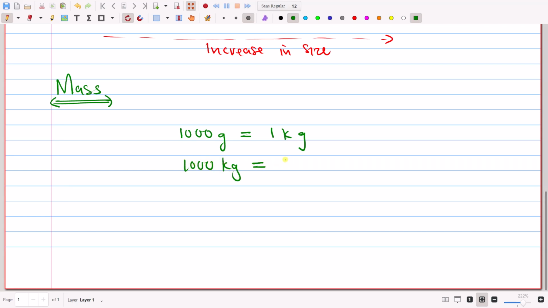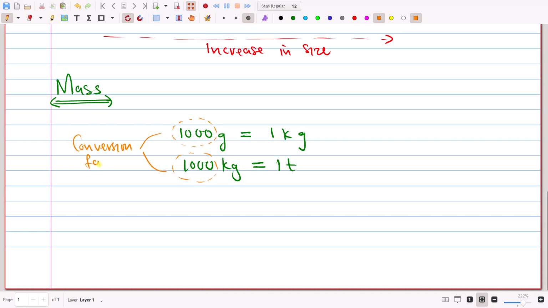And then 1000 kilograms in terms of size is equal to a ton. So we can see that when it comes to mass, the conversion factor for all the units of mass is just the same. It's just 1000, irrespective of which pair of units you are talking about.